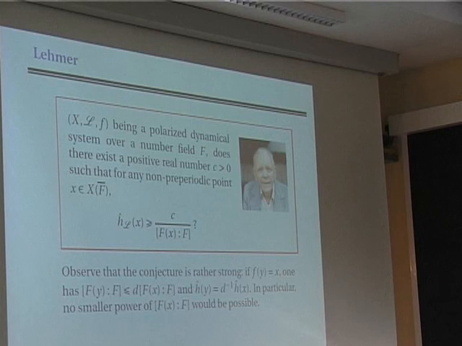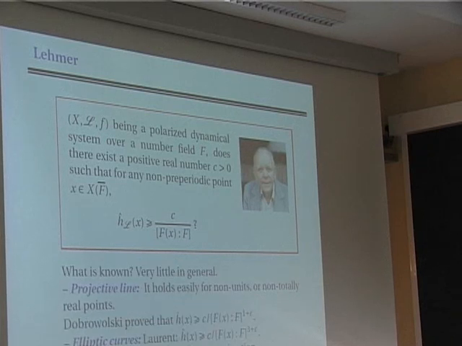And it is the best conjecture that one can make, because if one takes a pre-image of the point x, then the degree of the field generated by the pre-image will be at most d times the degree of the field generated by x, and the height will be divided by d. So one cannot expect anything stronger, and Lehmer expected that result in the case of Weil height, so in the classical case of the projective line.